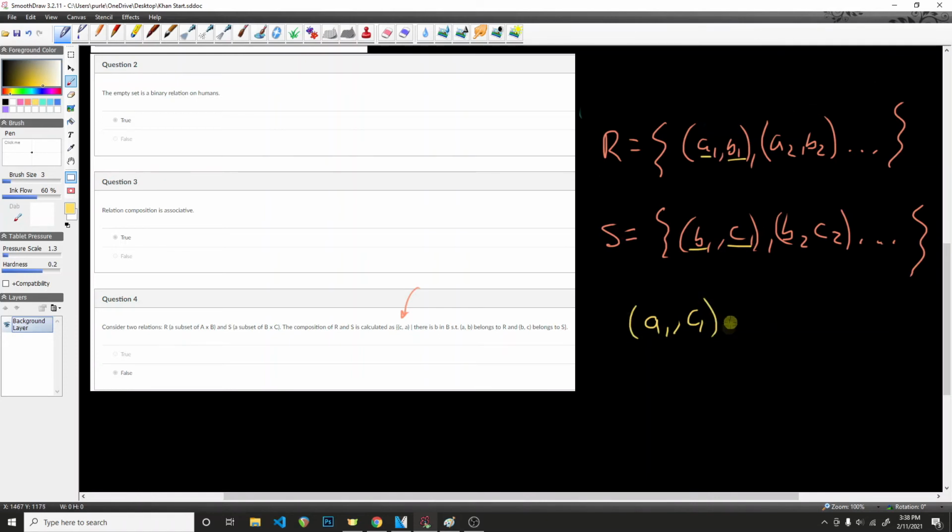That is going to be the ordered pair that we're going to be using. Here we have A sub 2, comma, C sub 2. Again, that will all go up until A sub n, comma, C sub n. But this is going to be our composition of R and S. And again, like I said, the order here is going to be A comma C, not C comma A, which is why this is incorrect right here.